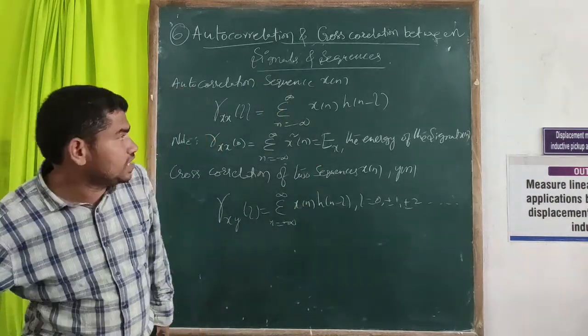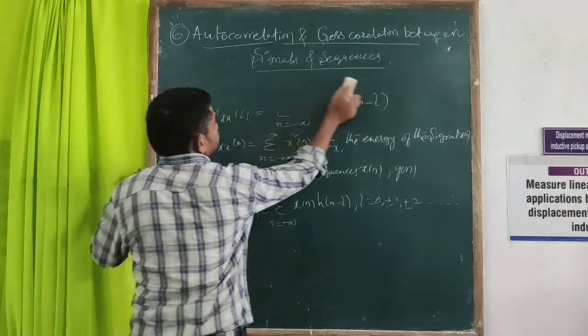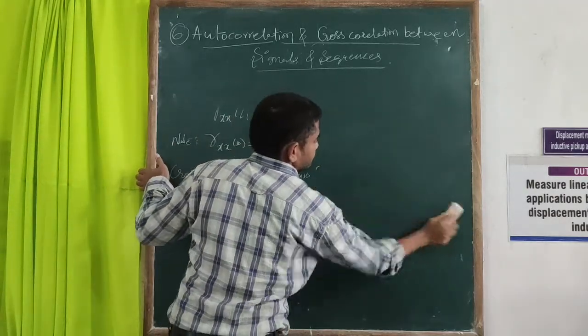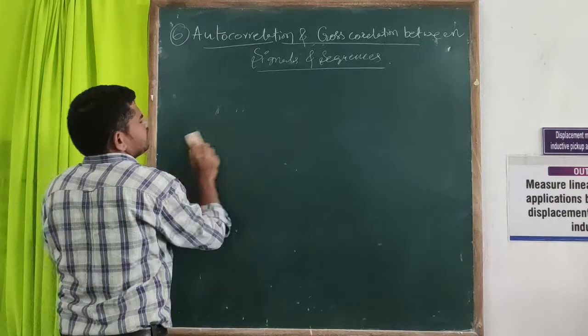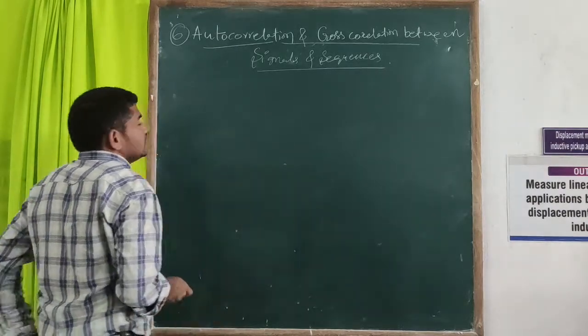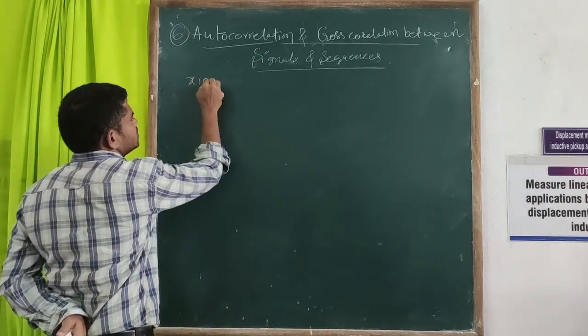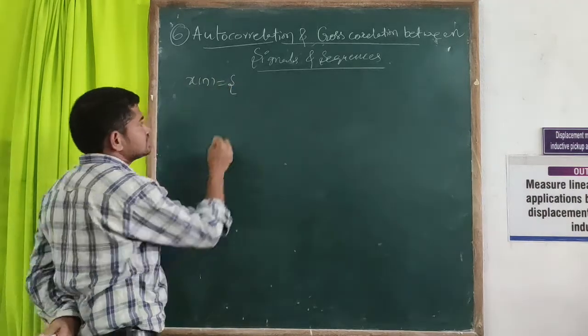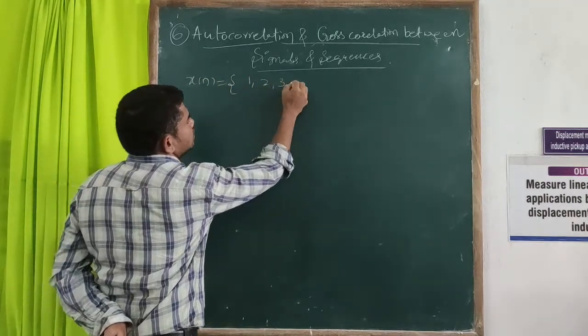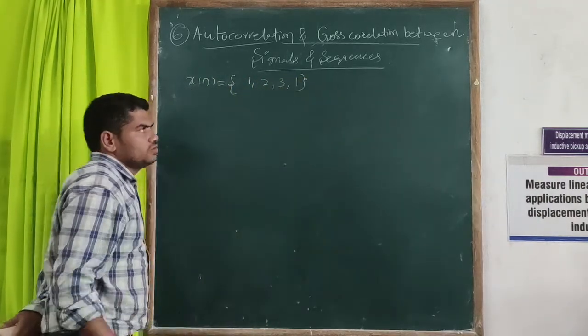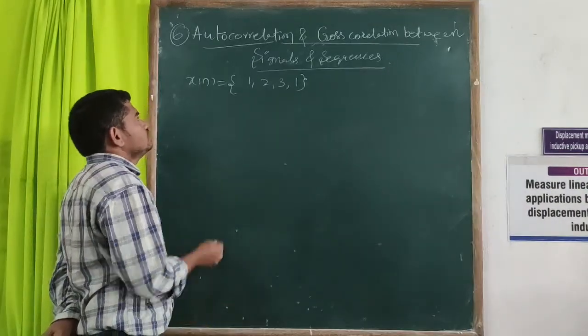Now how do we find the autocorrelation? In autocorrelation we require only one sequence, x of n. Suppose x of n is 1, 2, 3, 1.